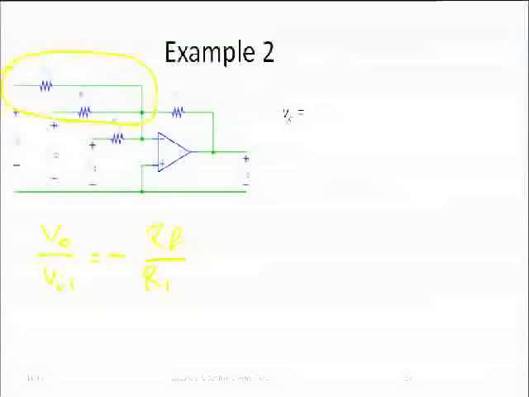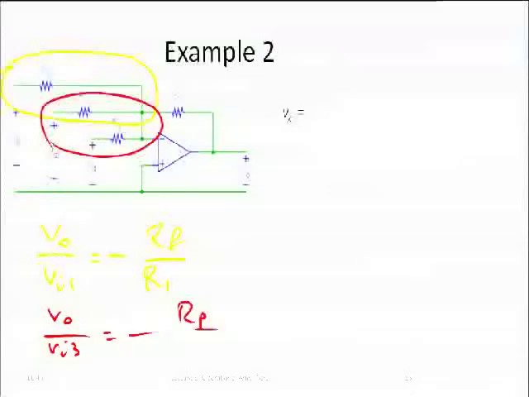Yeah, superposition, right? We can now do as if everything was gone except for, let's say, VI3, and then we would get V out over VI3 equals minus RF over R3. And then, of course, we can do the same thing again.